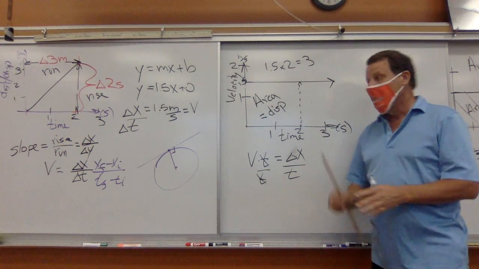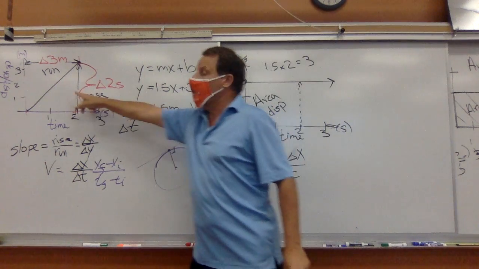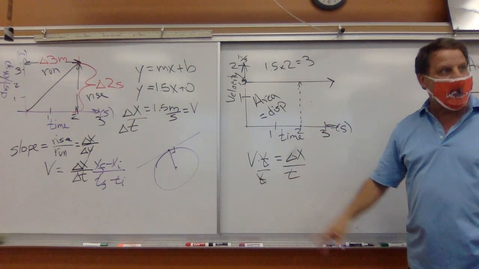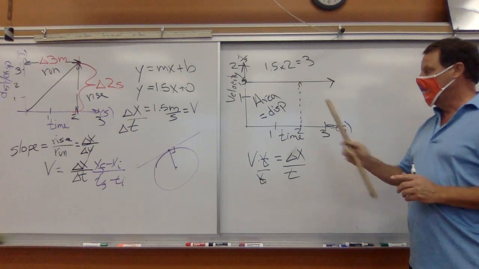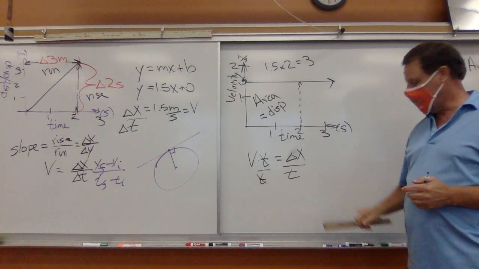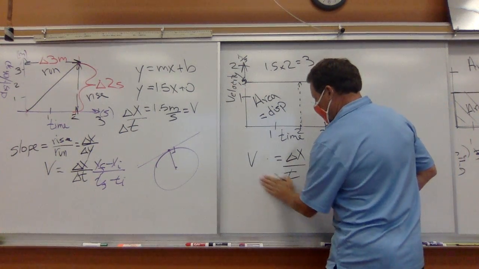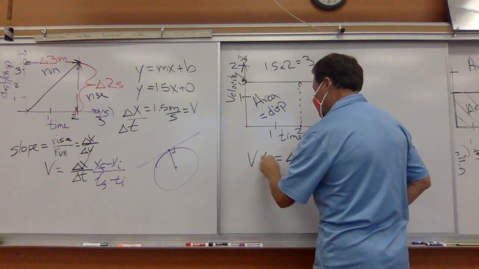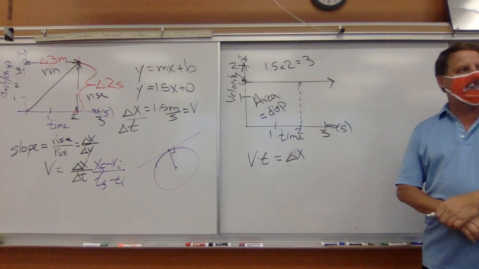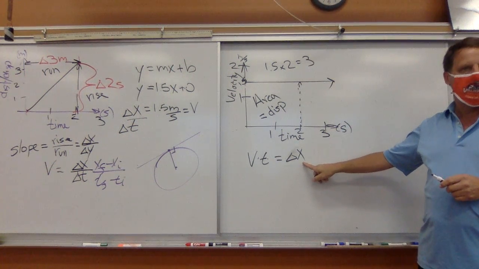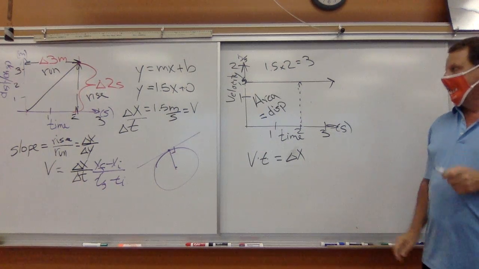But now we are manipulating it, and this graph is the same data as the earlier graph, except we've changed it into velocity versus time. And now I'm going to bring it back to velocity times time is equal to displacement.